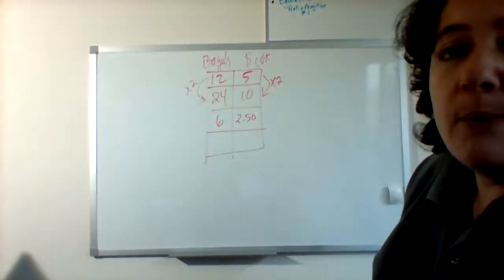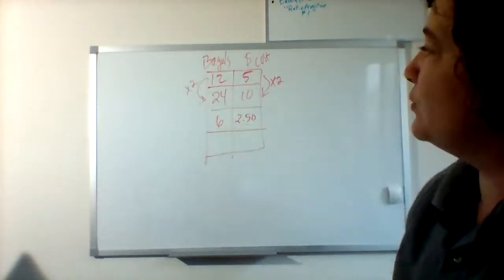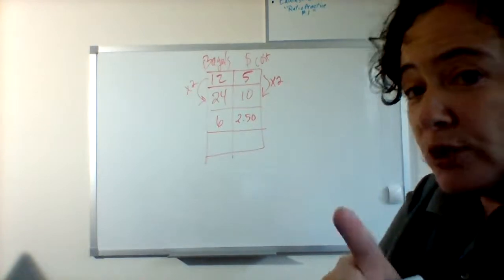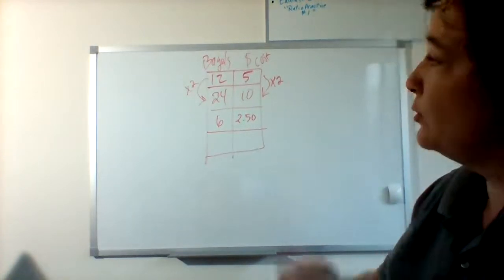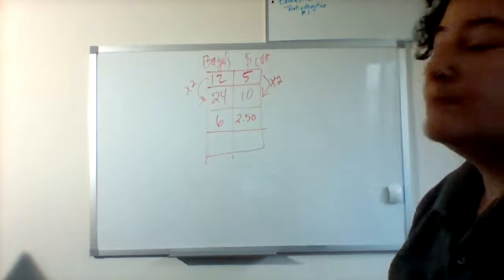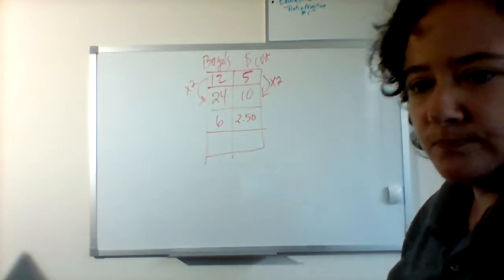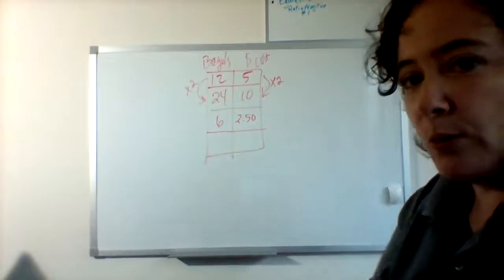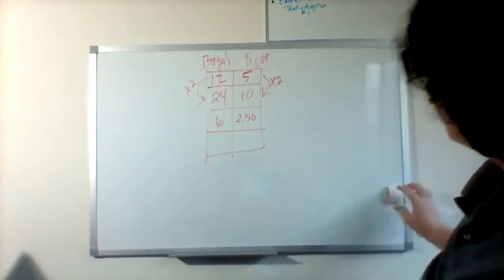Okay, when Astrid told us 6 and 2.50, what did she do? And I'm going to trick you. Or at least I'm going to try to trick you. What did she multiply by? To get her 6 and 2.50, what did she multiply by?